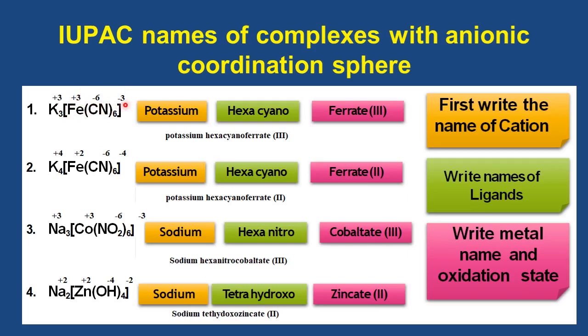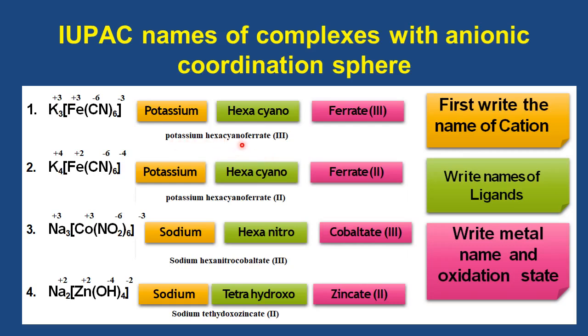So the oxidation state of iron in this compound is +3, which we write in Roman numerals in parentheses. So the name will be written as potassium hexacyanoferrate(III).